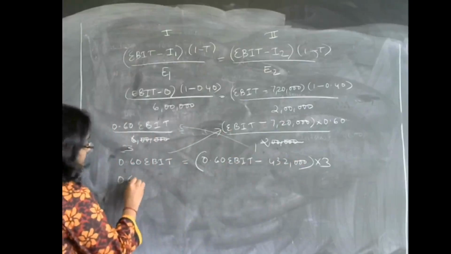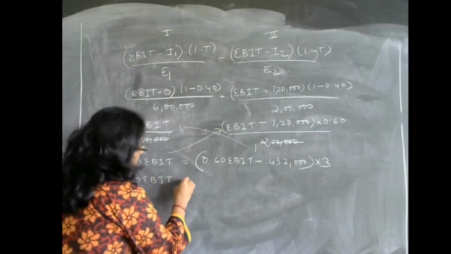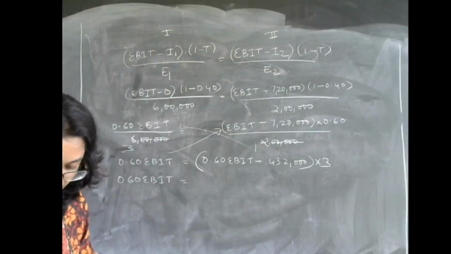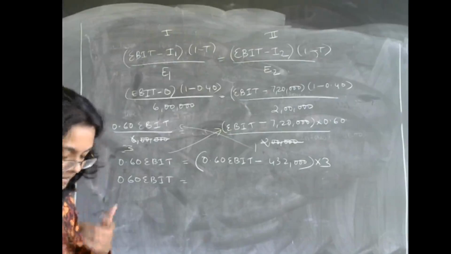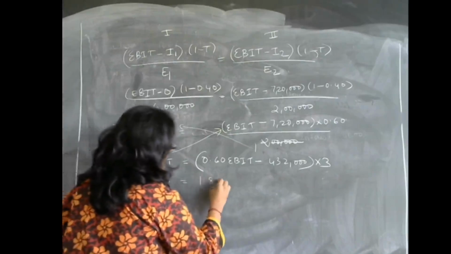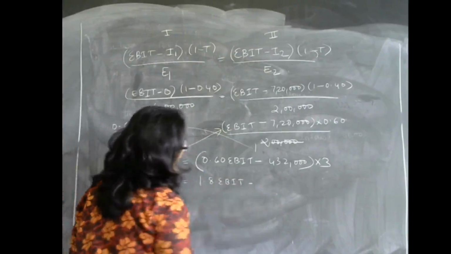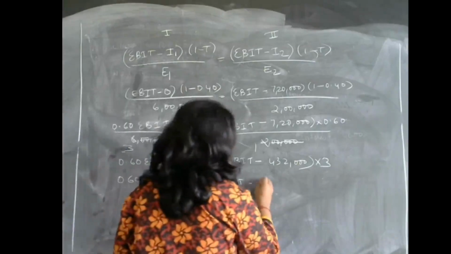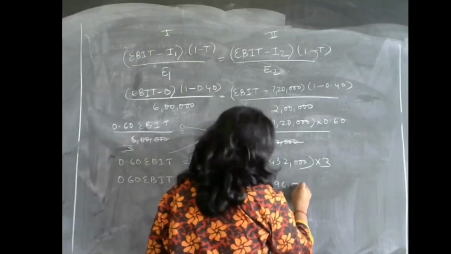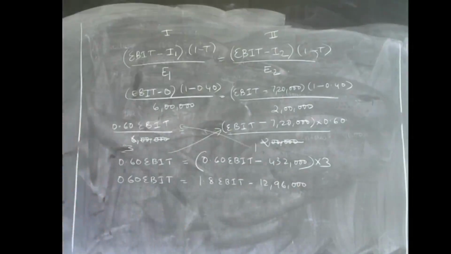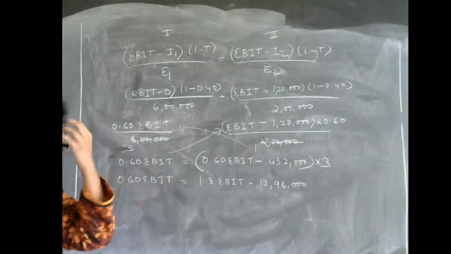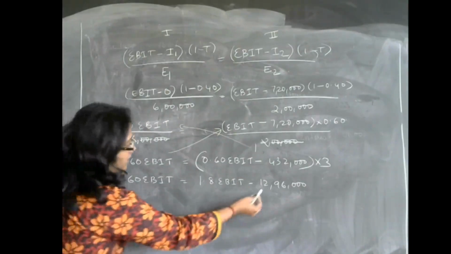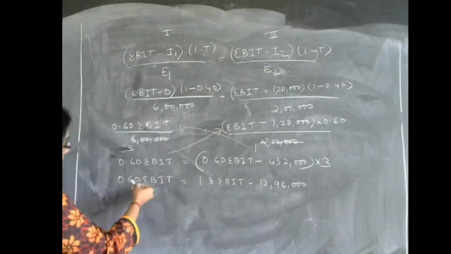So 0.60 EBIT is equal to 0.60 multiplied by 3. It's coming to 1.8 EBIT minus 12,96,000. Okay, so this is the thing. Let us solve further. We'll have to get this side and this side.